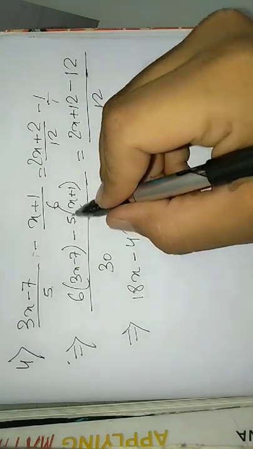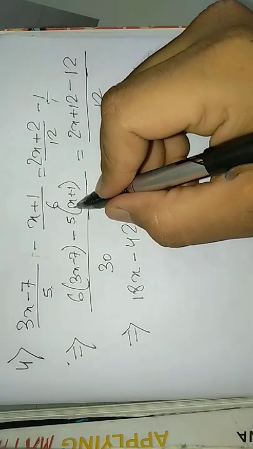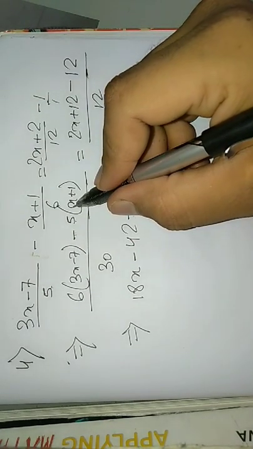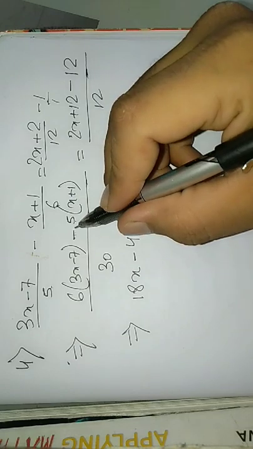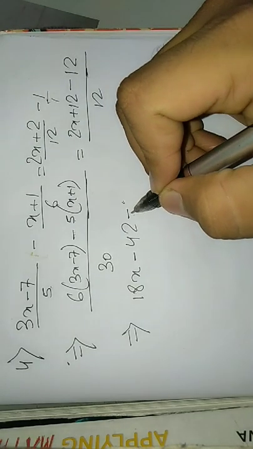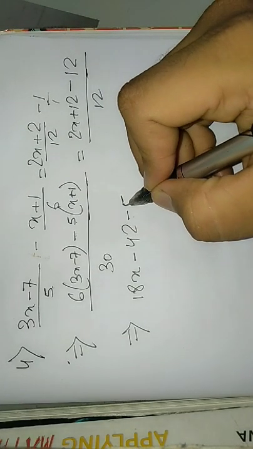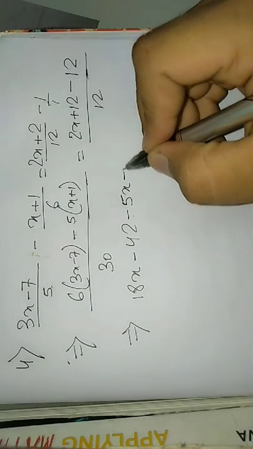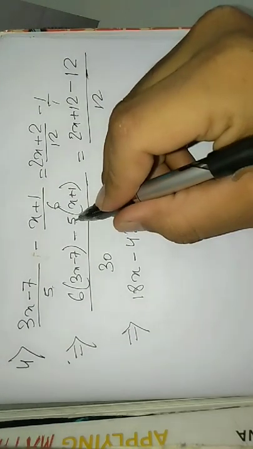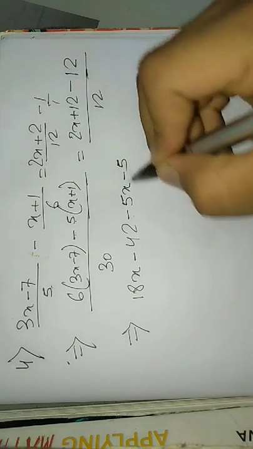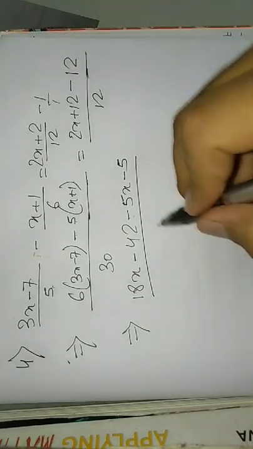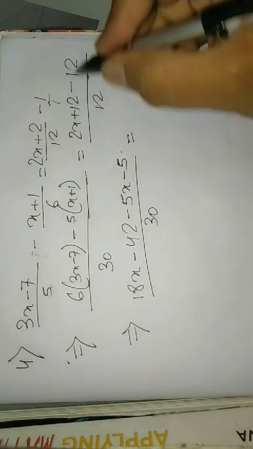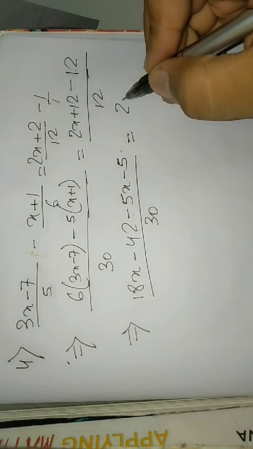You see minus 5 into plus x, minus into plus is minus 5x, minus into plus is again minus 5 into 1 is 5, by 30, is equal to 12 minus 12 is gone, so this is 2x by 12.